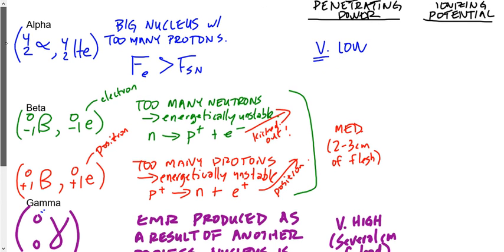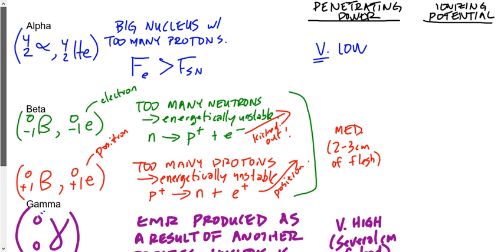Now let's rank them in terms of the ability to ionize matter. In other words, in terms of the damage that they can do given the correct exposure. Alpha particles have the highest ionizing potential. It's very high. So they don't penetrate matter very well, but they ionize matter very effectively. Let's go down to gamma rays.